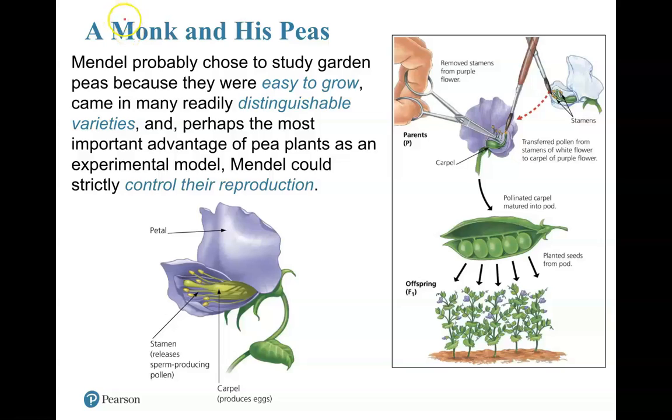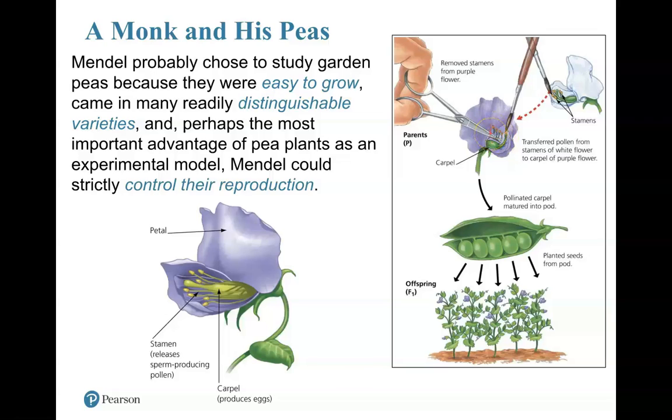Let me go ahead and just describe this process very briefly on how he did this. So basically, he's controlling the reproduction. Flowers undergo sexual reproduction, and so he was able to get the male portion, stamen, of some flowers and transferred that to the female carpel organ of the flower.